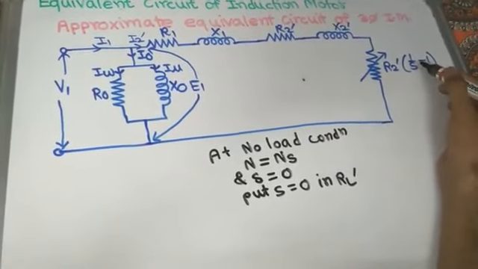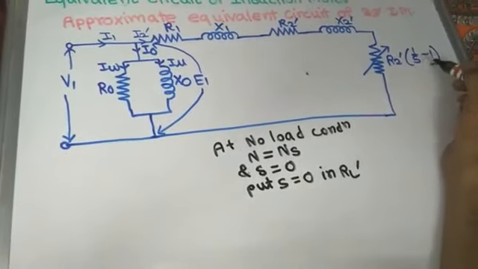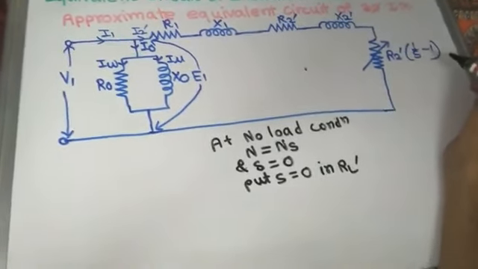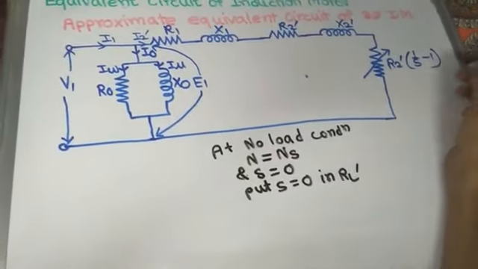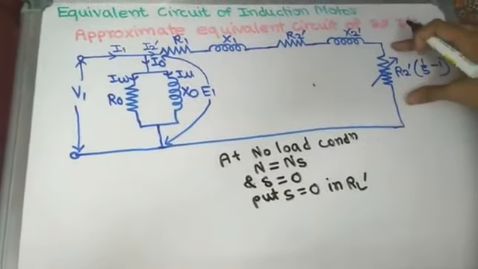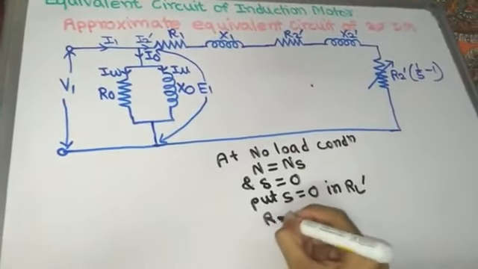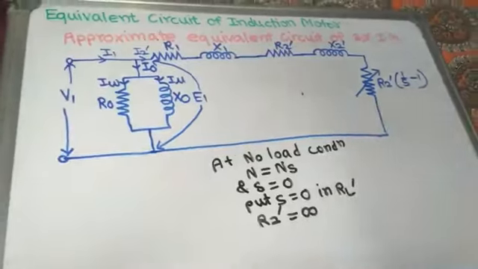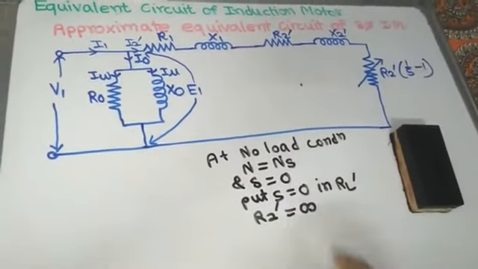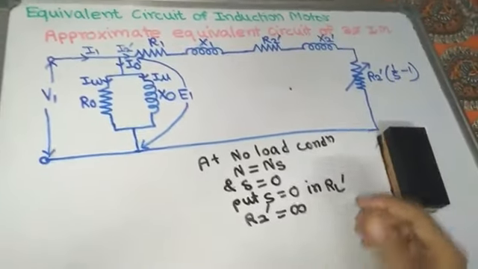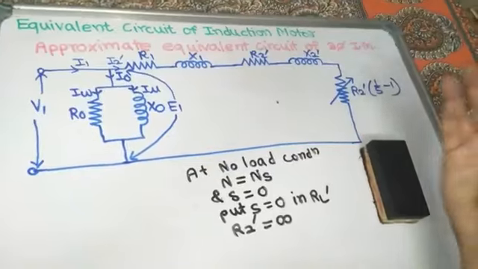So in no load condition, if we put S equal to 0, 1 by 0 goes to infinity, and infinity minus 1 is infinity. So this whole resistance tends to infinity, so R2 dash becomes infinity. At no load condition, if R2 dash is treated as infinity, it means no current is flowing through this electrical equivalent of mechanical load.